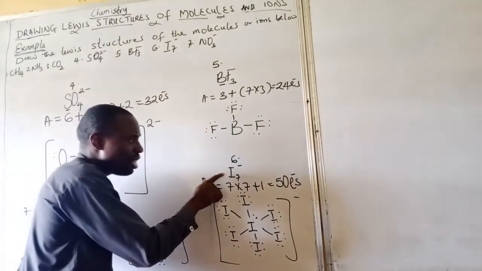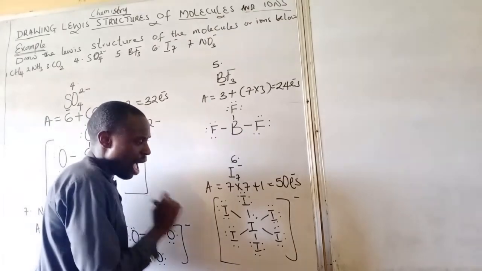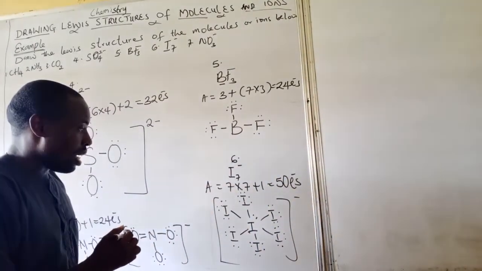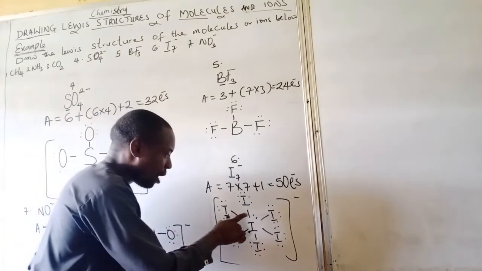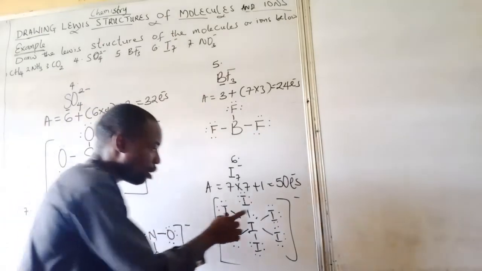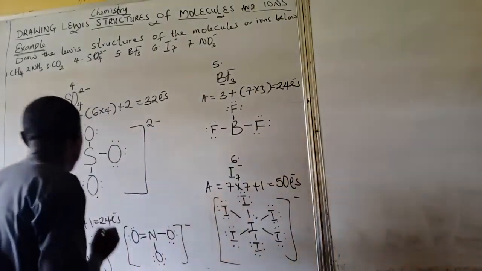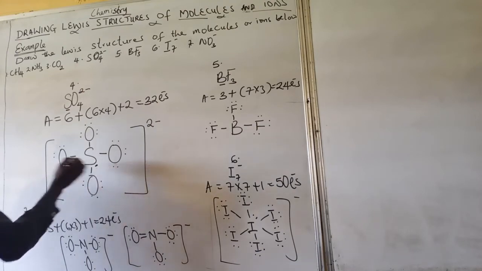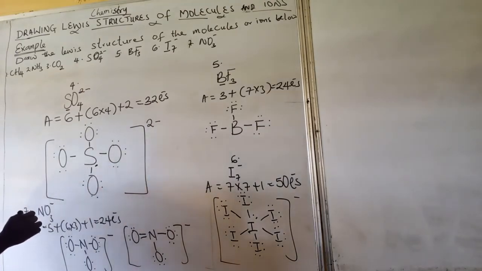For iodine now, as I said, for this central atom here, is there any bond pair? Like how many bond pairs? 1, 2, 3, 4, 5, 6. That's 6 bond pairs. How many lone pairs? Just 1. I move here to sulfate. For the central atom, which is sulfur here, is there any bond pair?